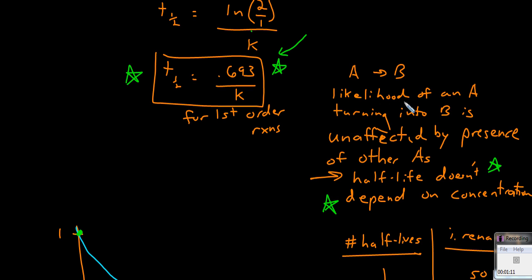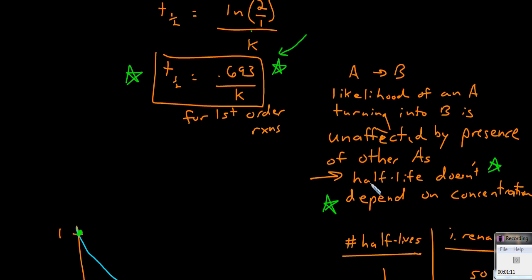If the likelihood of A turning into B is unaffected by the concentration of A, then the half-life is also unaffected by the concentration of A. You can see that in our equation here. The half-life is equal to 0.693 over k. There is no concentration of A in this equation.